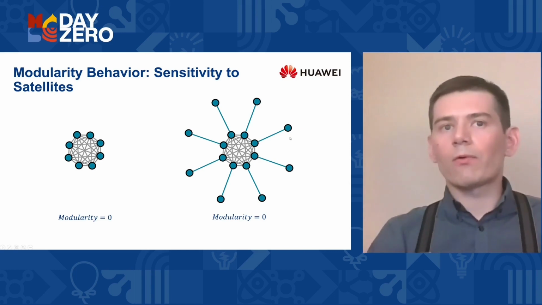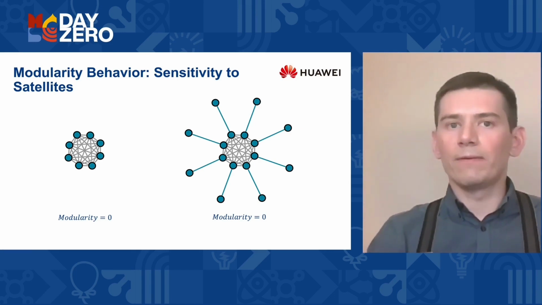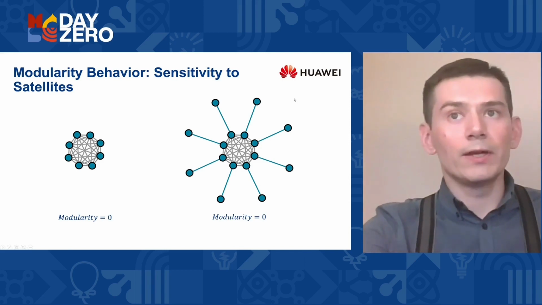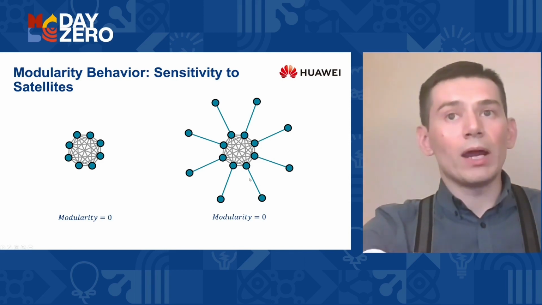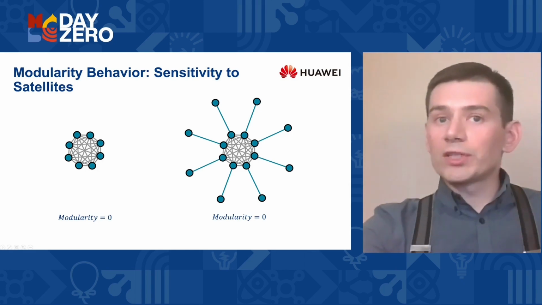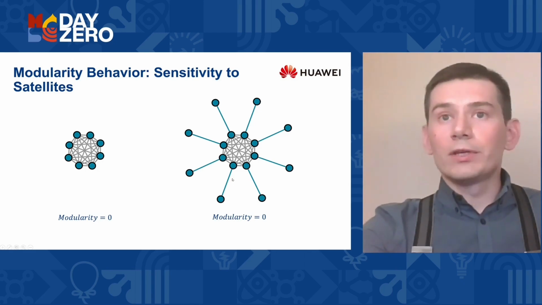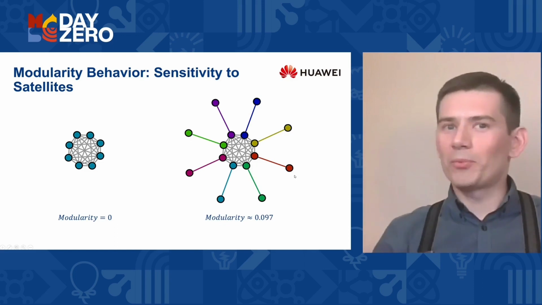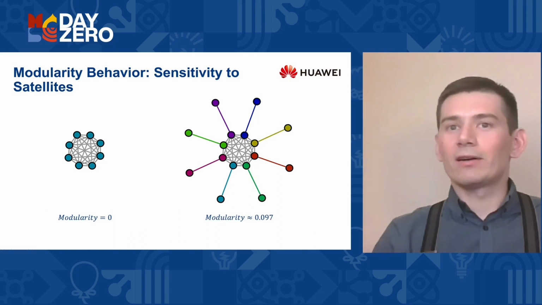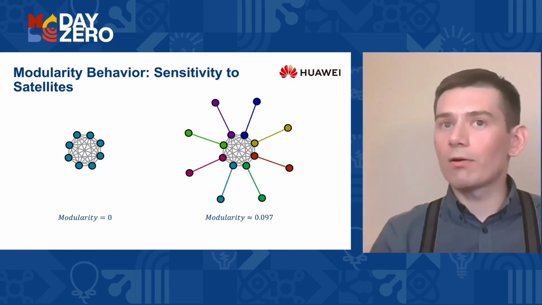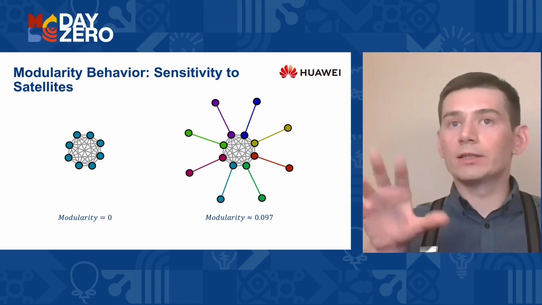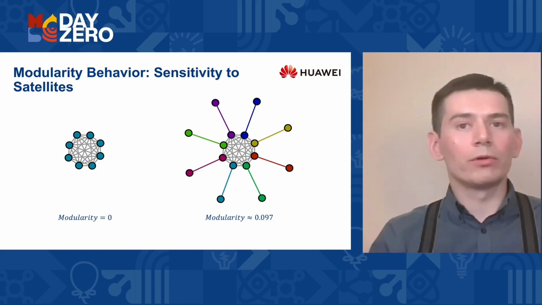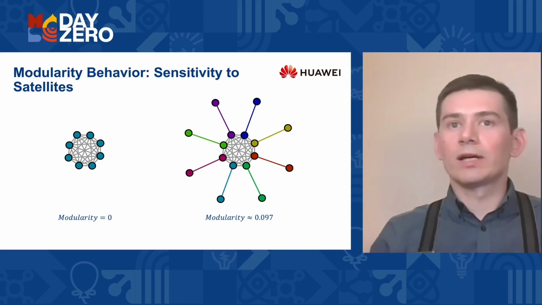As I mentioned before, from the theory point of view, in this case these new nodes must be colored the same as the main nodes. So for this particular case, the modularity is 0. However, the optimal modularity here is higher than 0. If we add satellites, our community breaks into many, many small communities, which is very astonishing.